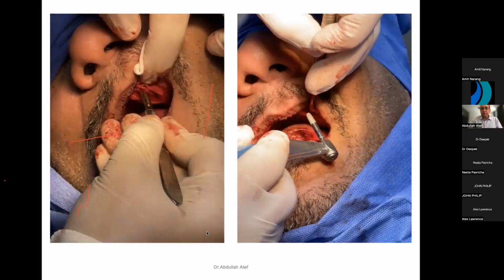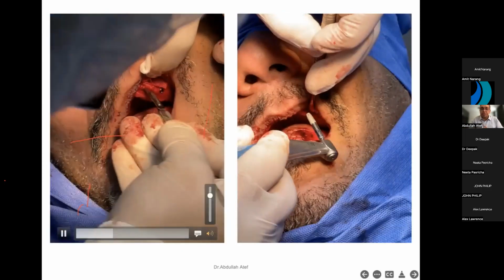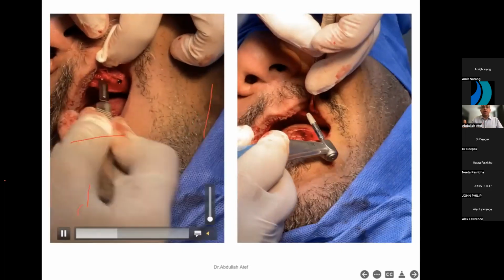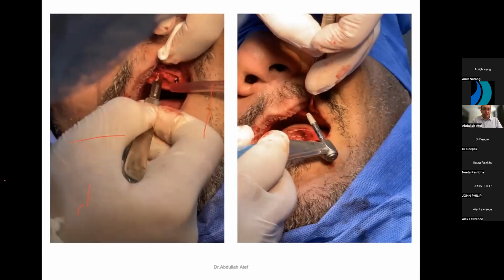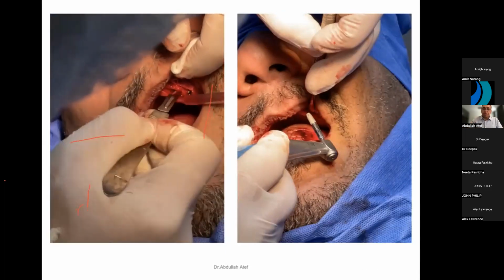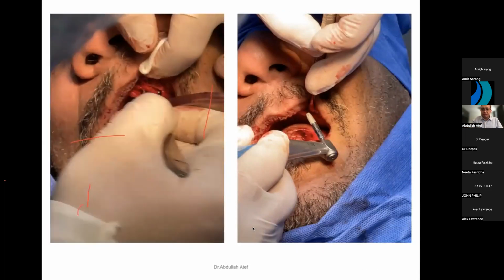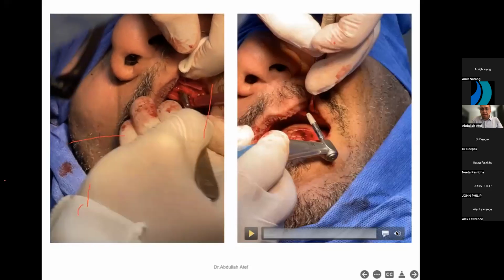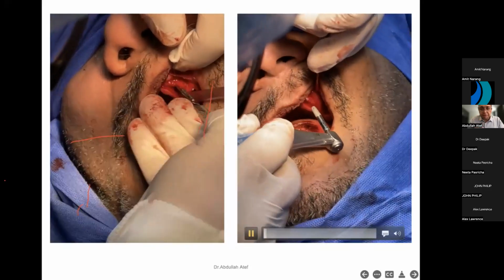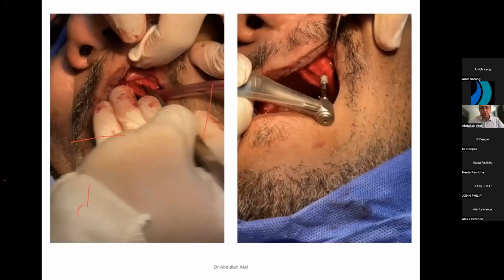In the premolar region and the canine, we used to make a splitting to expand the ridge, because we have a very thin ridge. So we make the splitting like this, and then place the implant in the split ridge.